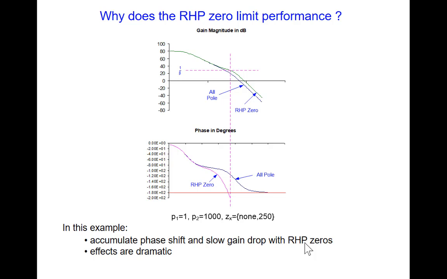If you look at the phase, that right half plane zero makes the phase drop faster. When you have the phase dropping faster, you tend to move the poles towards the imaginary axis, or you tend to degrade the phase margin.